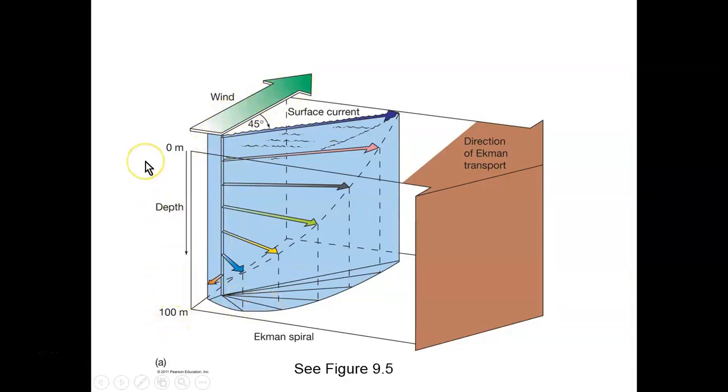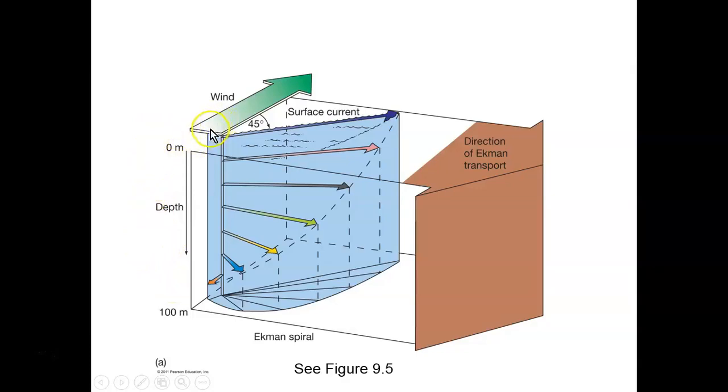Ekman transport, or the influence of wind, is only going to happen in the upper surface of the water, only down to where the thermocline or the pycnocline is. Okay, so the distance from the surface down that is affected by the wind depends on where the pycnocline is. If the pycnocline is very shallow, then wind is only going to affect the shallow water. If the pycnocline is very deep, then the wind can affect it much deeper.